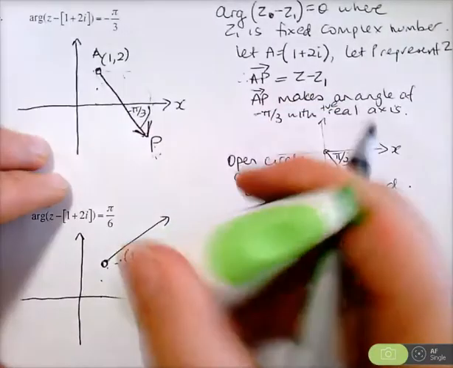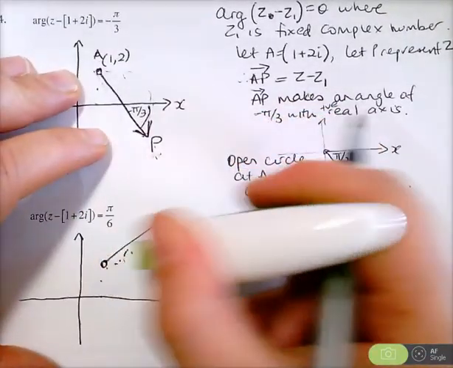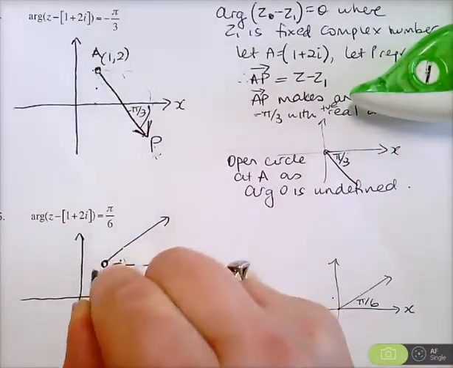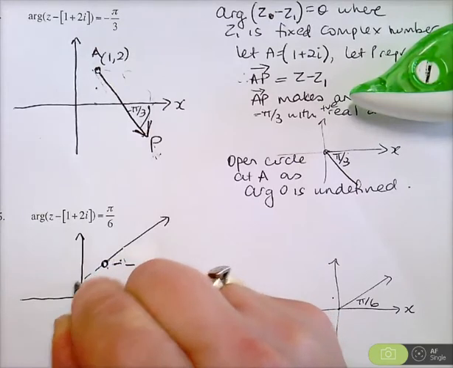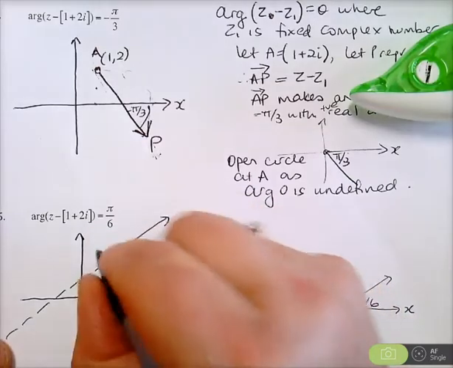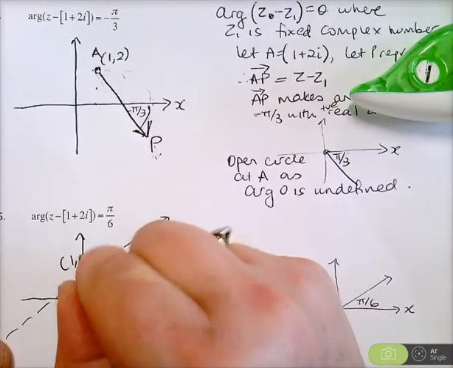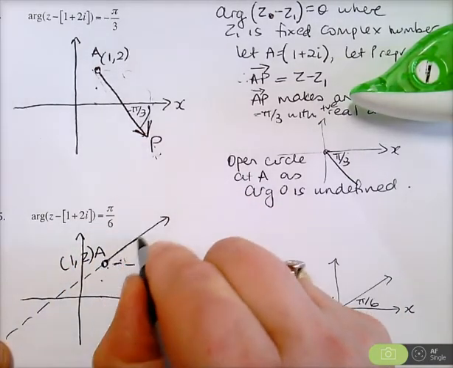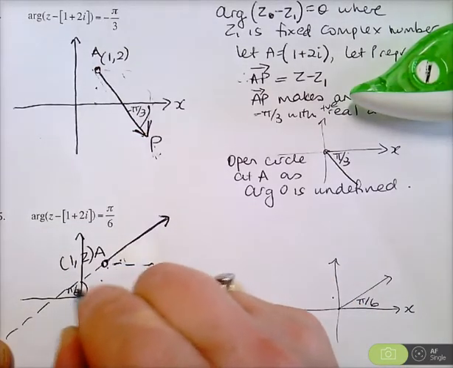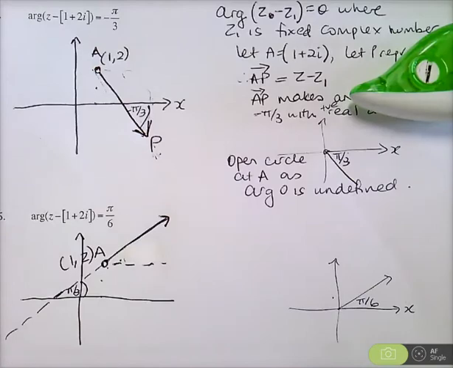So obviously I need to put these points somewhere else, they're all in the way. I've got an open circle there. I'm going to do a dotted line down here so that if that were to continue, this is A, which is 1, 2. This is my vector, the solid line, but the angle that it makes with the axis is pi on 6.